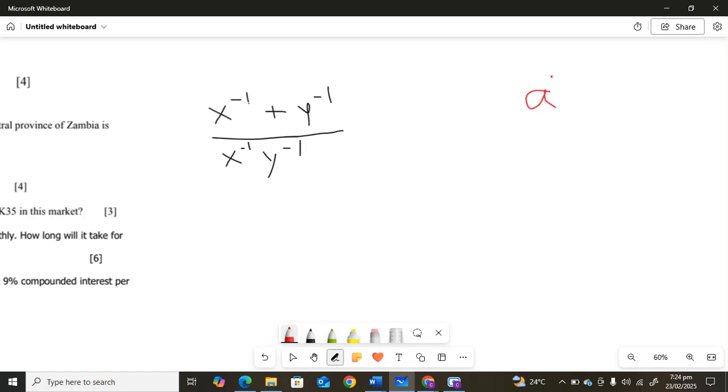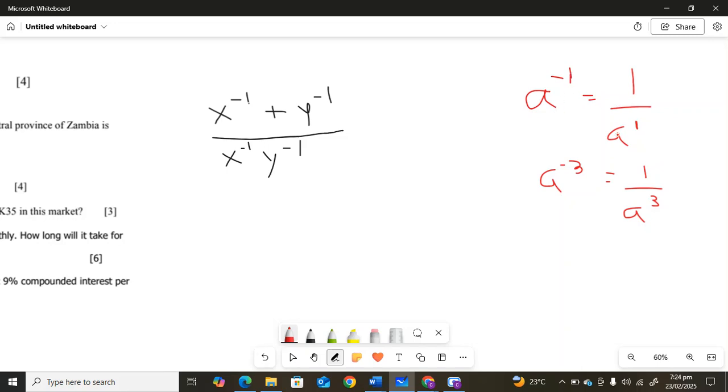A to the power negative 1 is the same as 1 over a to the power 1, or let's say a to the power negative 3 is the same as 1 over a to the power 3. This is a law of indices. Whenever you have a negative index or negative exponent, you make this fraction.